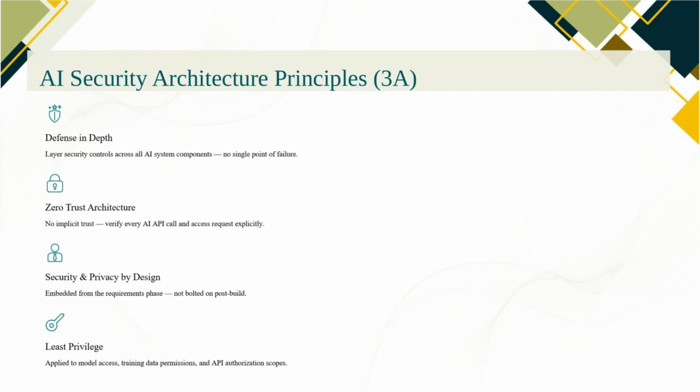Privacy by design and security by design mean that these aren't features you add later, they're requirements you define at the beginning of the architecture process. And the principle of least privilege means that every component, every user, and every service has the minimum access necessary to do its job, nothing more. When the exam presents an architecture scenario and asks which principle applies, these 4 are your answer bank. Memorize them with examples, not just definitions.